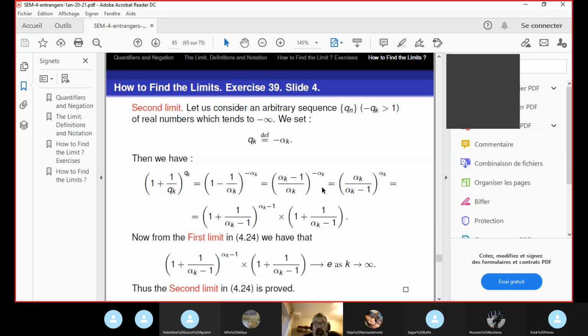So now you see the power of our base, alpha k minus 1 over alpha k, is negative. Then we pass to another step. We write that it will be alpha sub k over alpha sub k minus 1, but to the positive power alpha k.